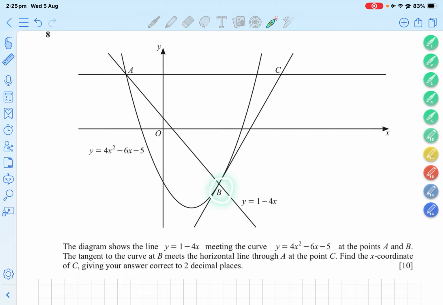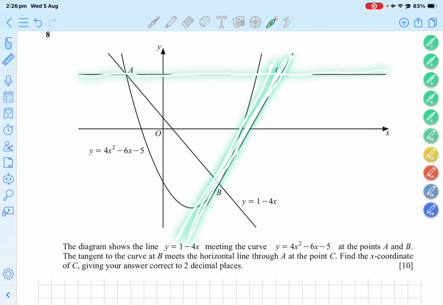Then we'll first have to find dy by dx of this curve, and use the derivative to find the tangent gradient. Since you already know the y value of C, you can put the y value into the tangent equation, and then you'll get the x coordinate.